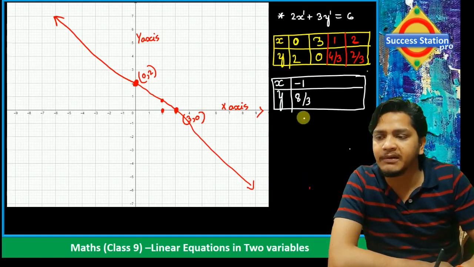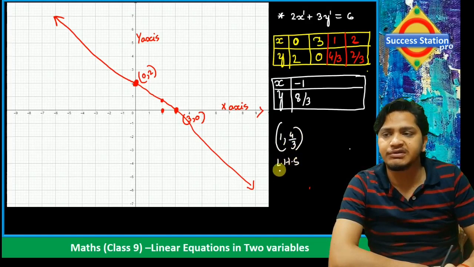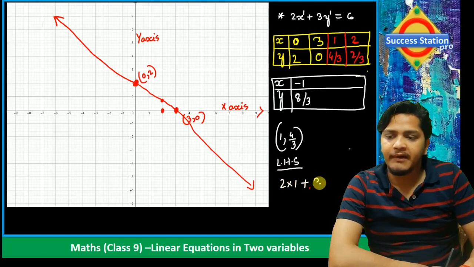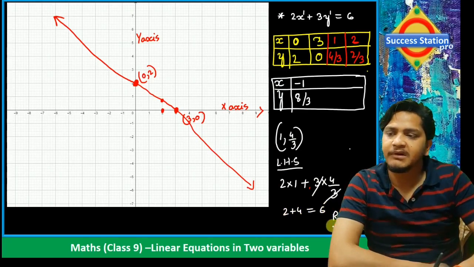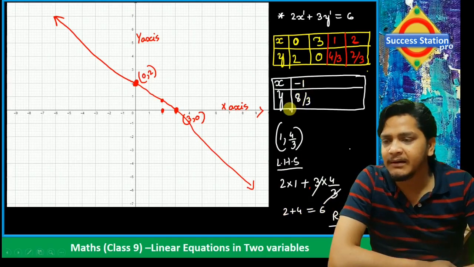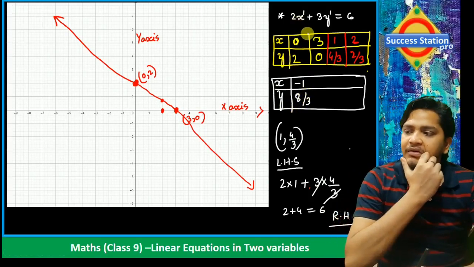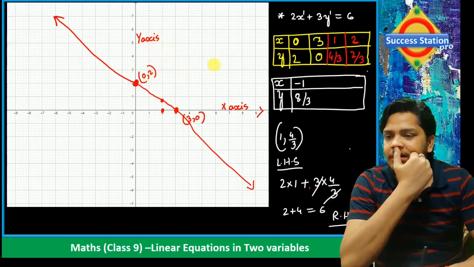Okay, (1, 4 by 3). Let's check for this also. So left hand side should come equal to right hand side, which is equal to 6. So instead of x we'll put 1, and instead of y we'll put 4 by 3. The 3s cancel. So 2 plus 4, how much? 6. Isn't the RHS the same? Right? So here also we obtained it. So this question will come, that you plot the graph.